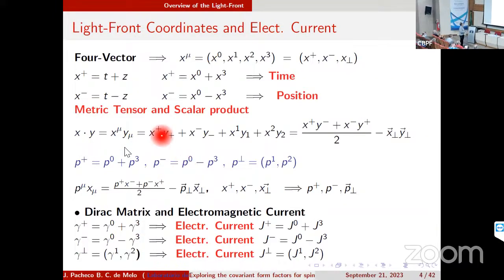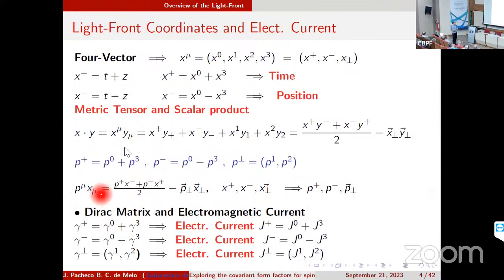I give a little bit about light front. I use the usual x plus is x0 plus x3, x minus is x0 minus x3, that is position, that is time. My metric tensor is the usual one. Someone may not have a square root of 2 here, depending on what you use for the metric. I use this one for the four-momentum scalar product. Then you can relate P plus with P0 plus P3, P minus is P0 minus P3, and P perp is P1 and P2.